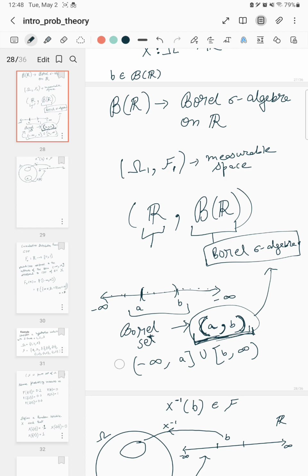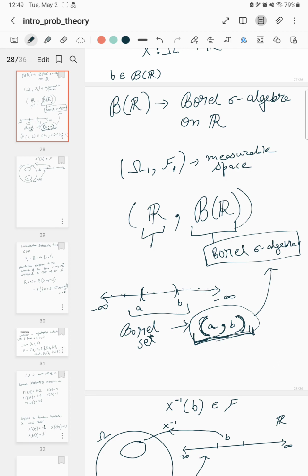And similarly, the union of another Borel set is also a Borel set. You can take the union of similar such Borel sets. The only thing is that it should be a countable union. And similarly, the intersections of all such Borel sets is also a Borel set.